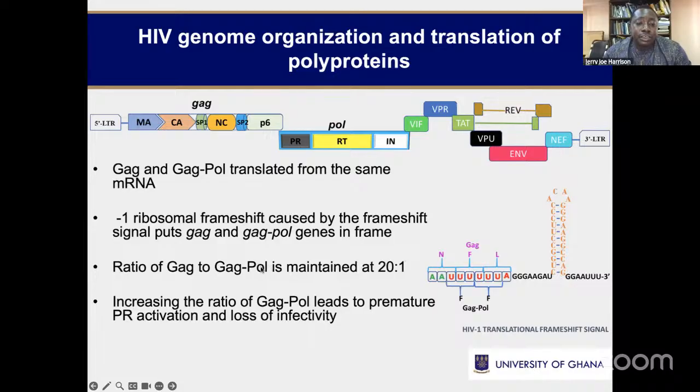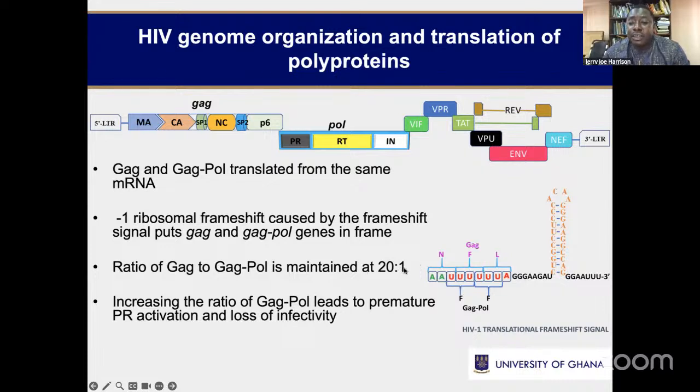Incidentally, the ratio of GAG to GAG-Pol is 20:1. So pretty much you have 5% of GAG-Pol inside the virion. Interestingly, you can modulate the stability of this stem loop to produce different ratios of GAG to GAG-Pol.